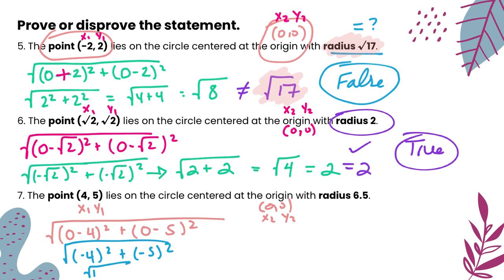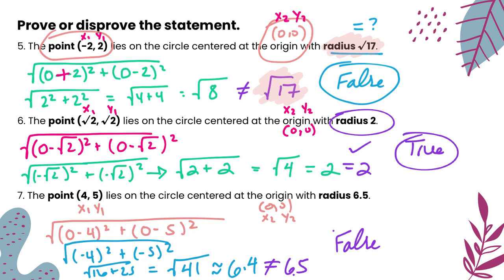So the square root of 16 plus 25. 16 plus 25 is 41. And when I find the square root of 41, I find that that is approximately equal to 6.4, which is not equal to 6.5. So this is a false statement.